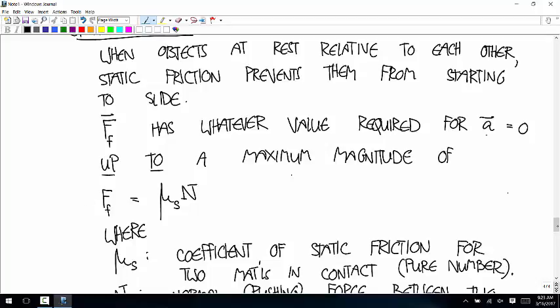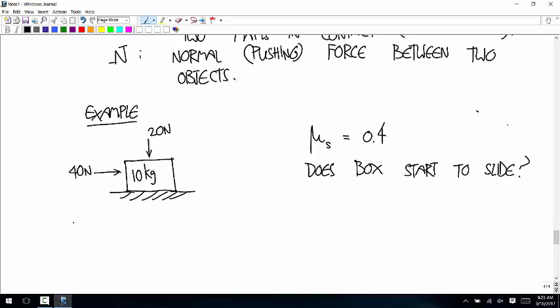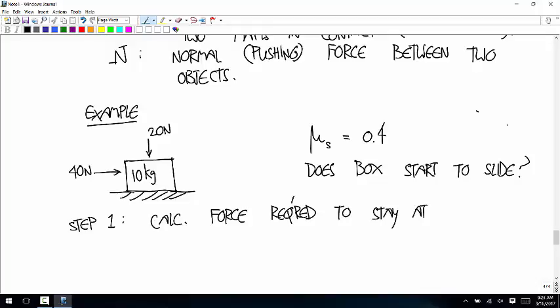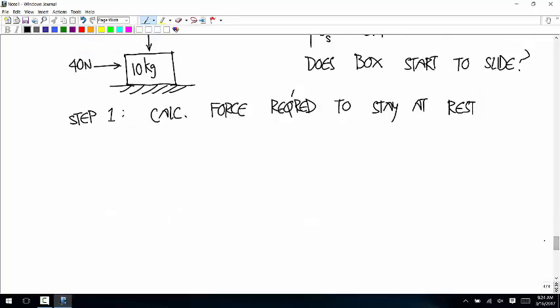Okay. So, step 1, calculate the force required to stay at rest. I'll draw a free body diagram of the box.